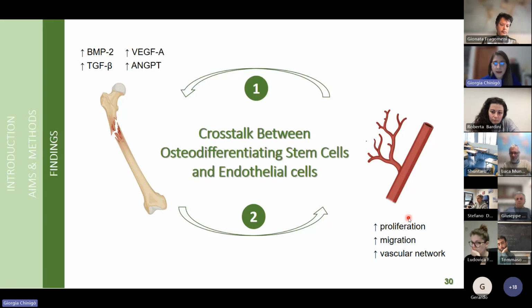Now we are trying to deepen this complex crosstalk from an omic point of view.